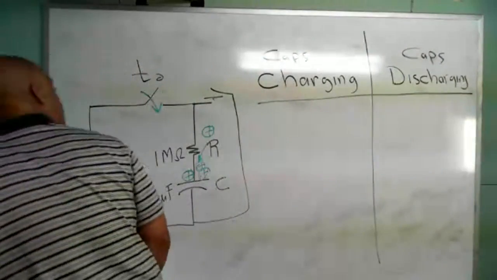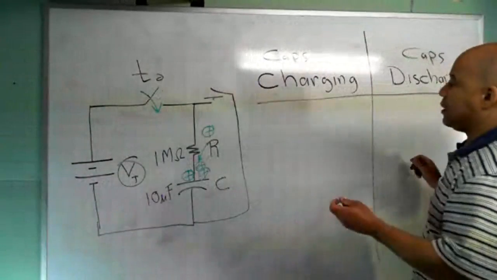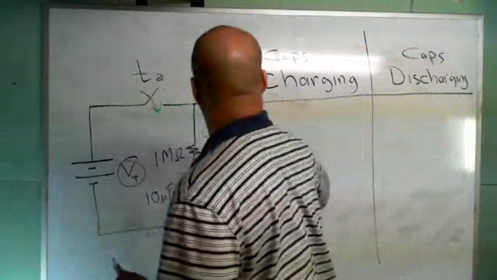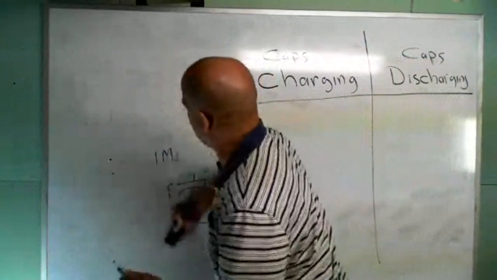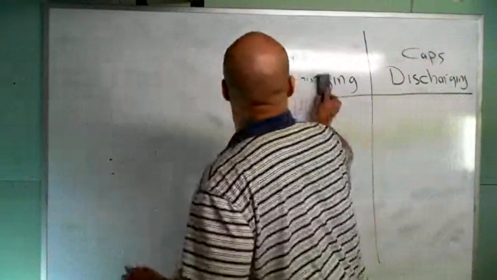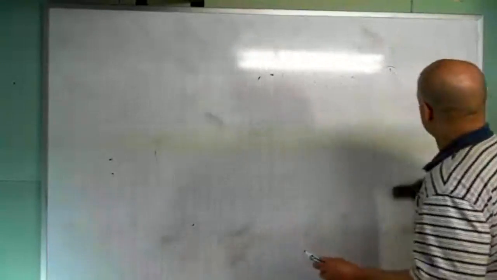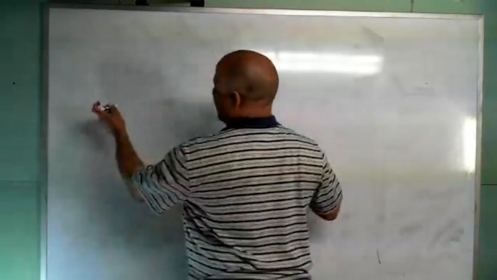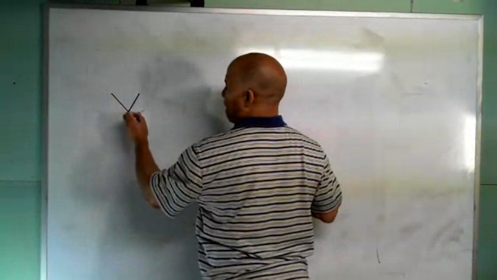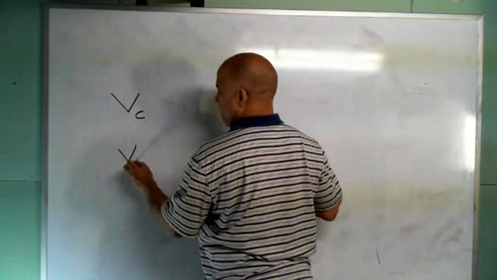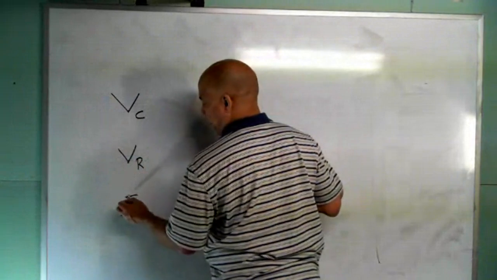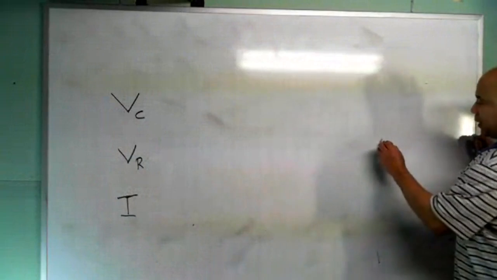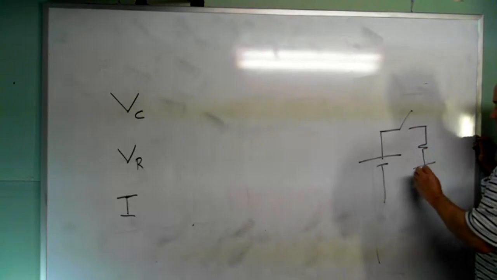So under charging, I'm actually going to just use the whole board. For capacitors charging, I can find VC, VR, and I. And that's for this simple circuit that I just had on the board, where I had a switch, a resistor, and a capacitor.